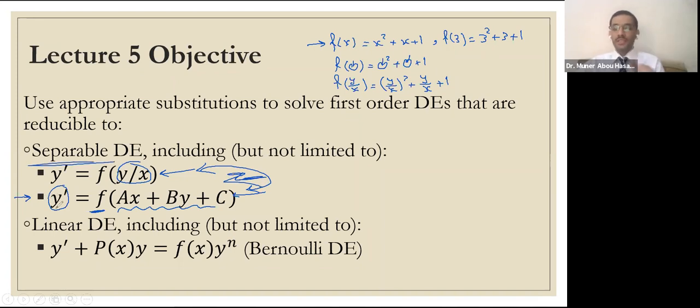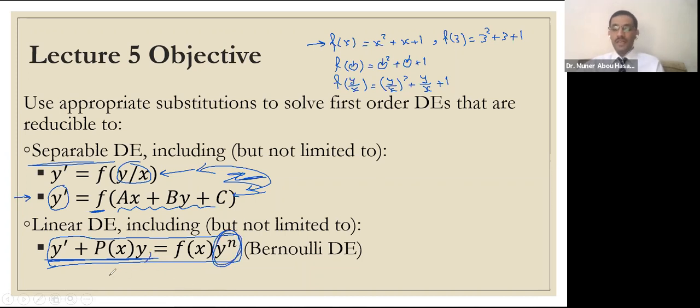Also, the third kind, which I'm going to solve today, look at this kind. It's very similar to the linear equation. Look here, it's very similar to the linear. But unfortunately, on my right-hand side, I have also y to the power n.